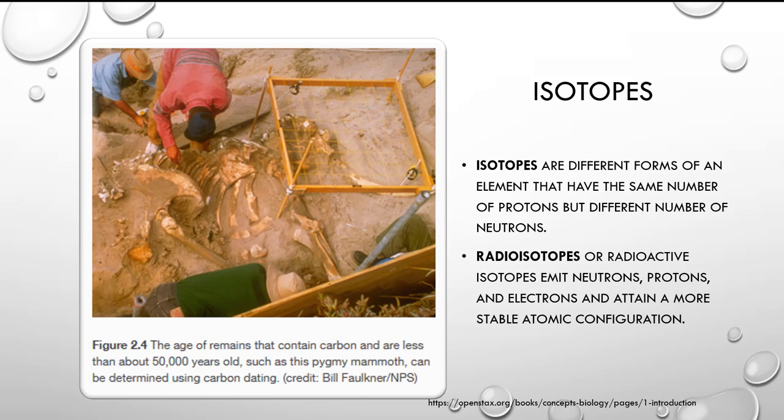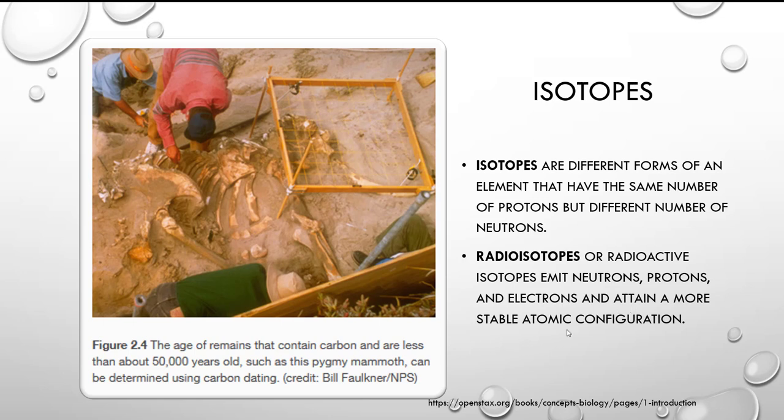I can't remember the different isotopes off the top of my head, but it allows us to compare how much of that isotope is present in the fossil compared to the more stable form, and that gives us an idea of how old it is, based on the half-life.